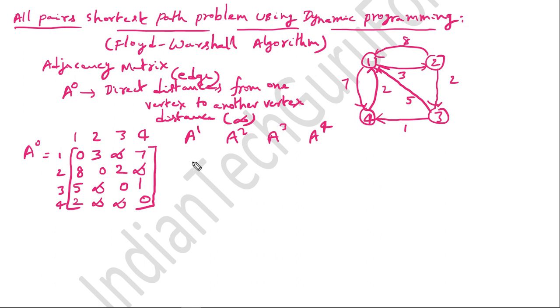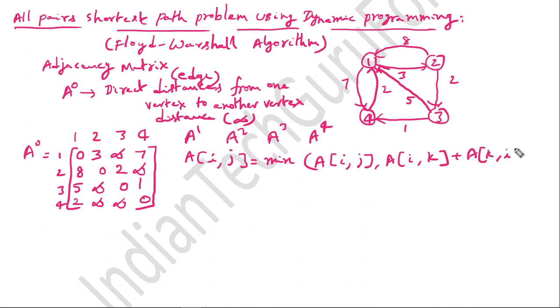That formula is A power k of i comma j is equal to the minimum of A power k minus 1 of i comma j, comma, A power k minus 1 of i comma k plus A power k minus 1 of k comma j. So this is the formula.